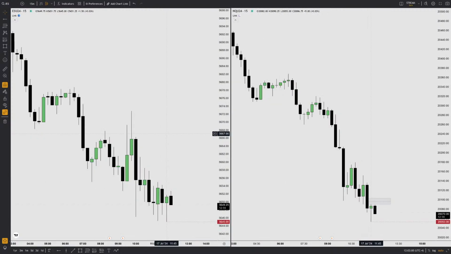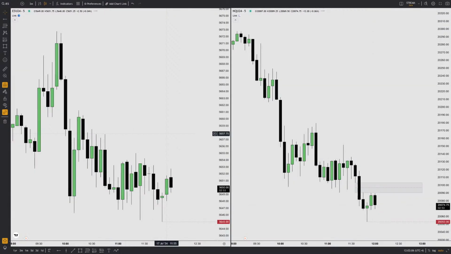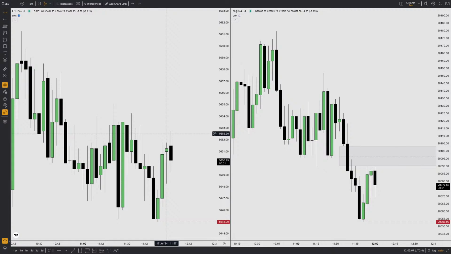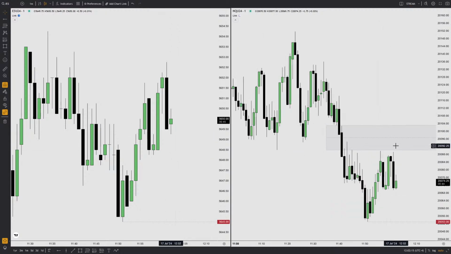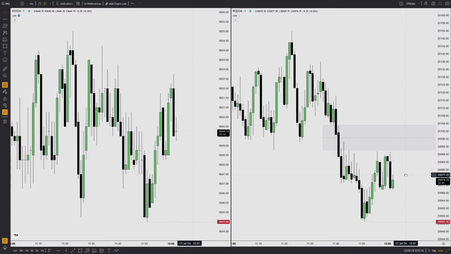We don't really have anything for the 15 minutes as well. Alright, cool. So for ES, I don't have anything. Yeah, or even a lower time frame. So I'm just going to watch and see what happens when NQ trades into this 5 minutes fair value gap.